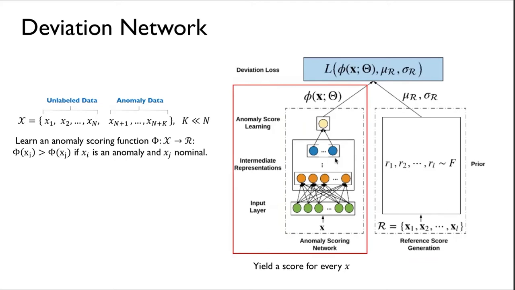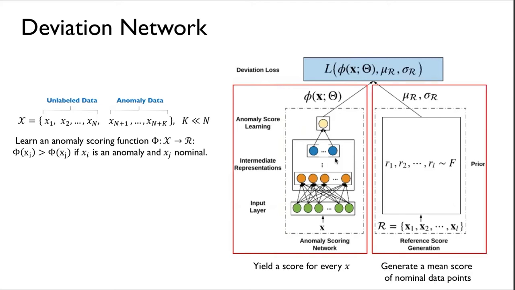If you look at the picture, given the input X, the output of this component is a score. That score is going to be defined as the anomaly score. The second component is what they call reference score generation. The function of this component is that it's going to generate a mean score of nominal data points, the normal data points.